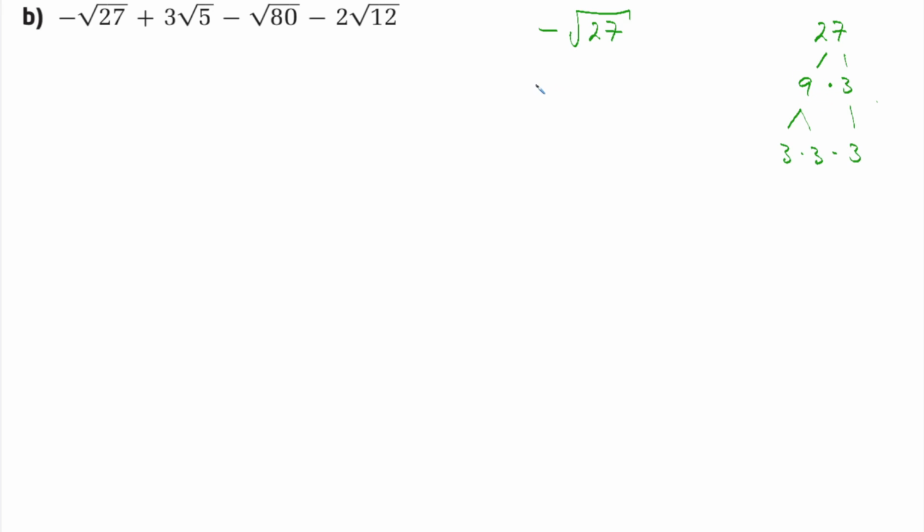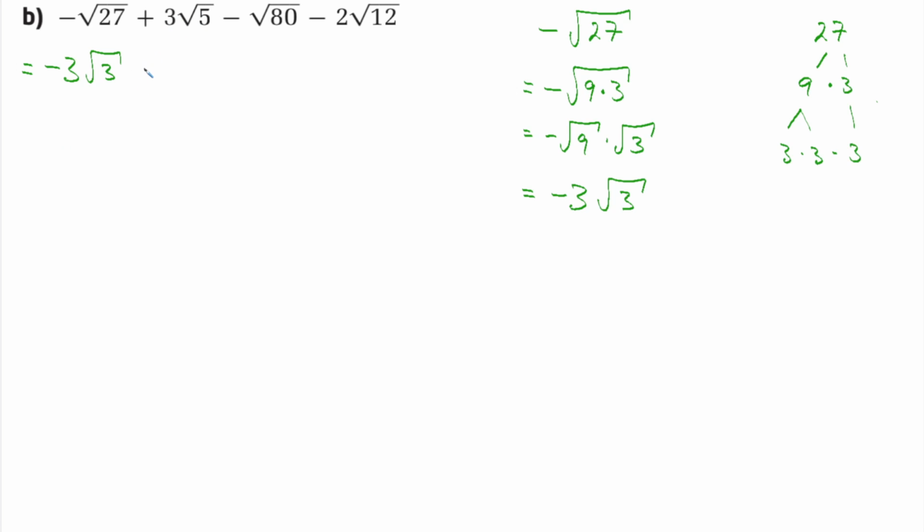So I'm going to write negative 27 as negative the square root of 9 times 3, which is negative the square root of 9 times the square root of 3. Square root of 9 I can write as 3, so this is negative 3 root 3. So on my second line, the negative square root of 27 is going to be negative 3 root 3.